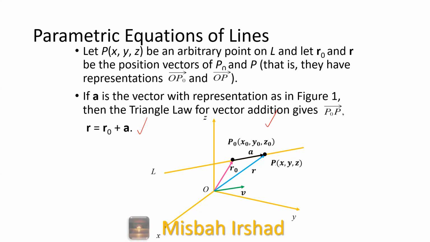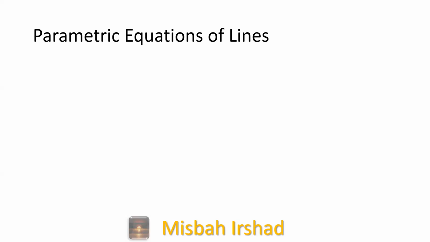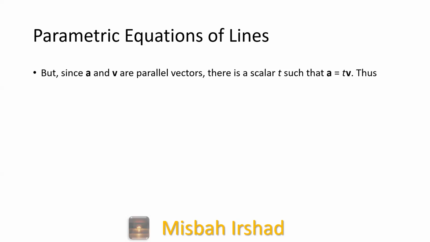Since vector A is parallel to vector V, which gives the direction of the line, there must be some scalar t such that A is equal to t times V. Then replace A by t times V in the previous equation.